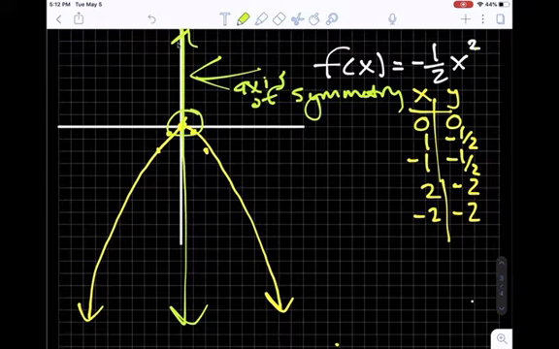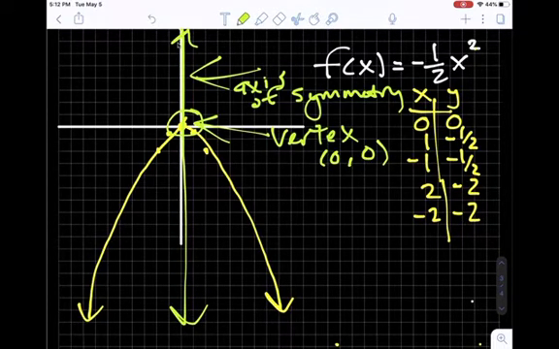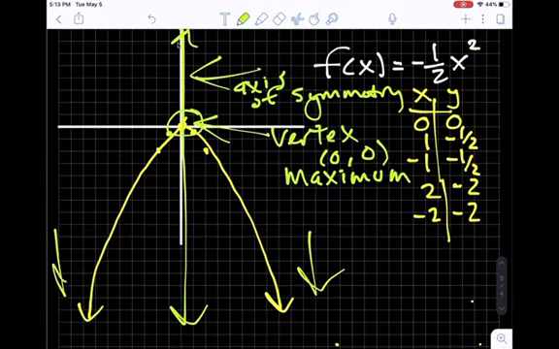Our vertex is right there, and that's the point 0, 0. We could say the vertex is also our maximum for this one. We don't have a minimum because this thing keeps going down. When you think you've gone as low as you can go, it goes lower. So the vertex is the maximum.